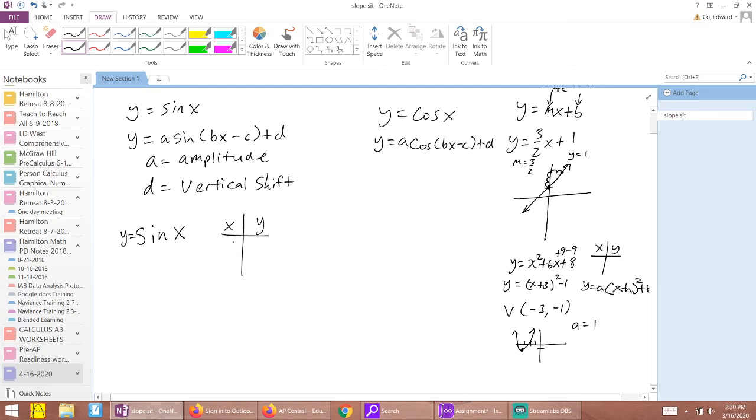And we're going to plug in a couple of values here. We're going to plug in 0, pi over 2, pi, 3 pi over 2, and 2 pi.